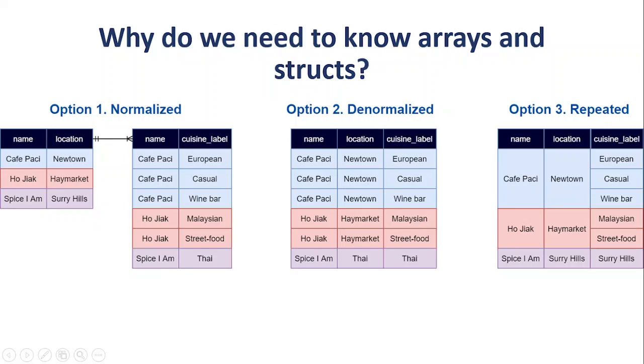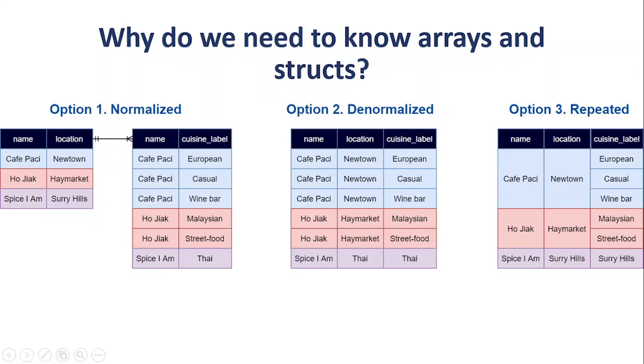And last but not least, name and location don't have to be stored redundantly. In the second option, name and location are stored redundantly, but in BigQuery they are only stored one time, with an array associated with them.